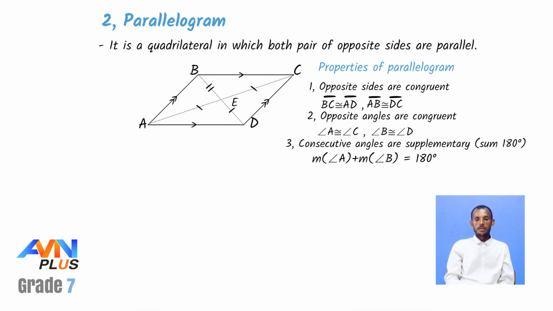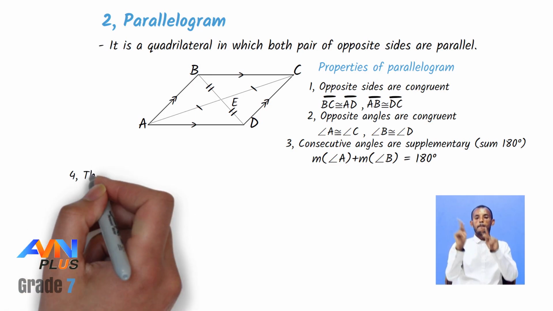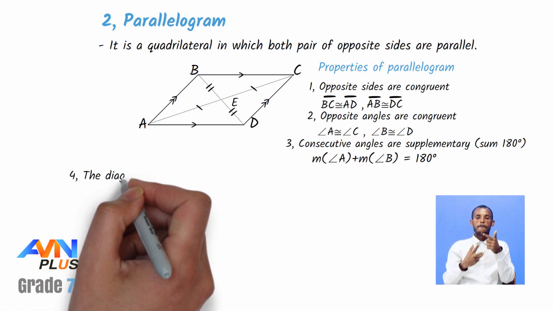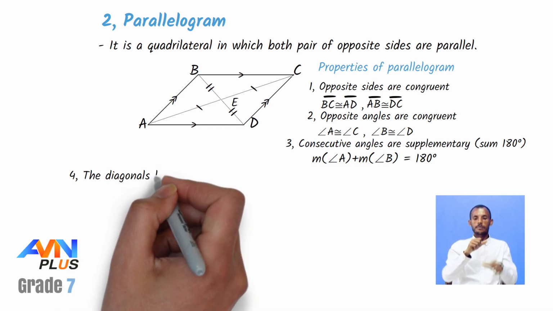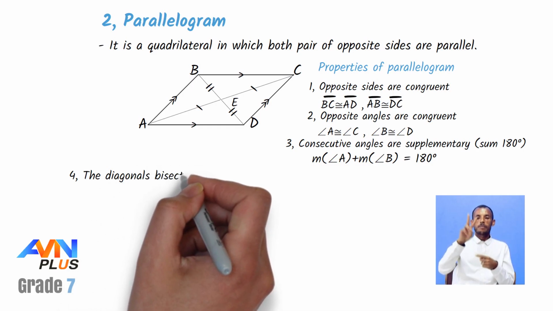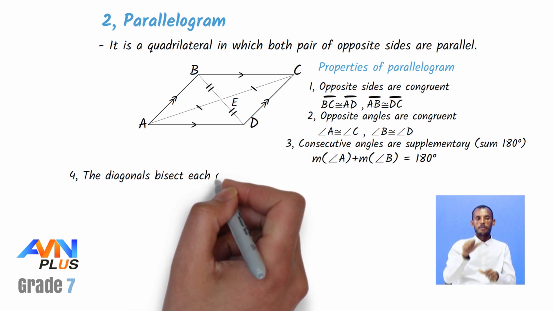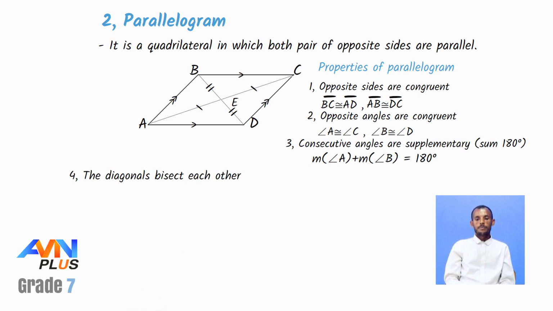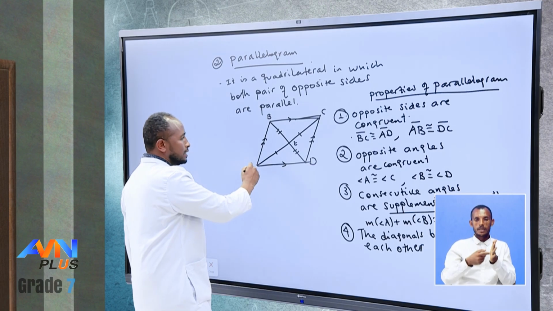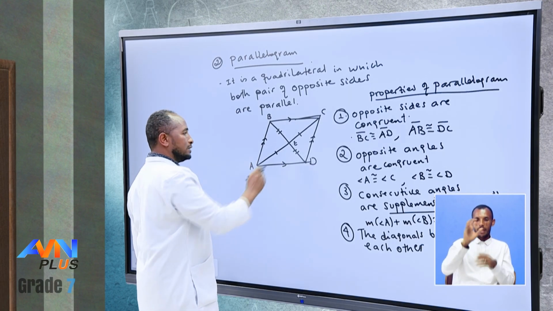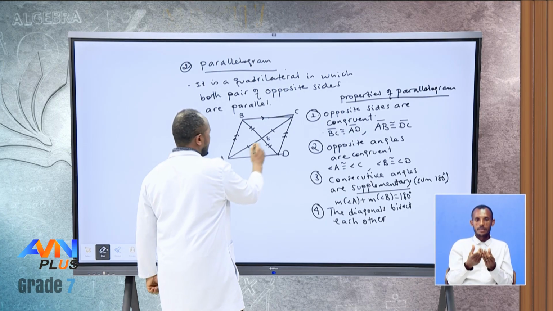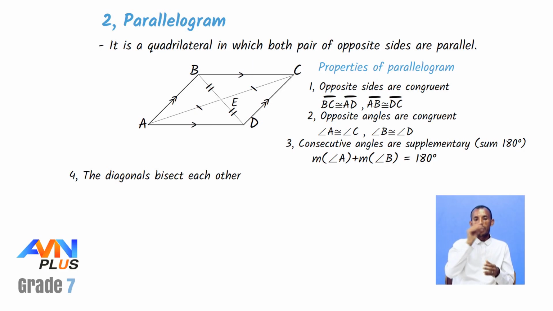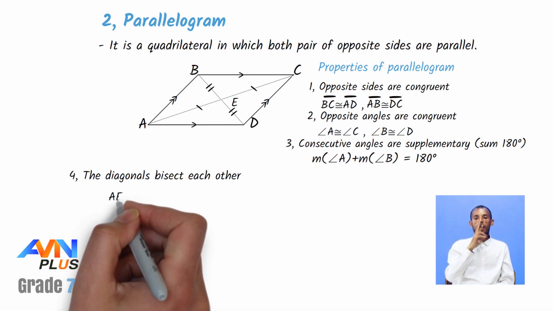So the diagonals of a parallelogram bisect each other. From the picture, AC is bisected into two parts by the other diagonal. So AE is equal to EC.